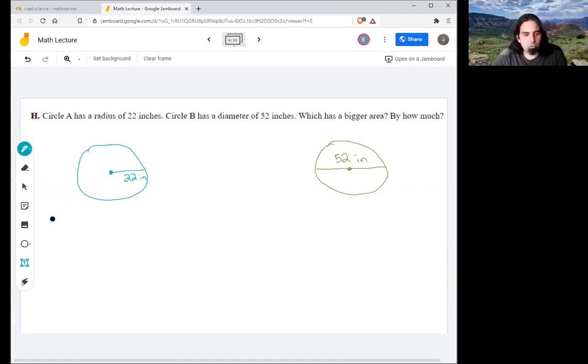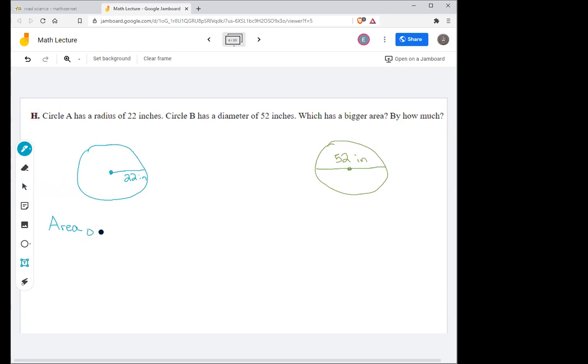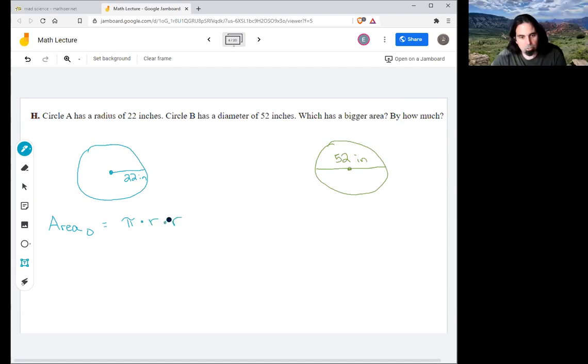Okay. Anyone happen to remember the area of a circle formula? You don't have to remember it, but I believe it's pi times R squared, or R times R. Yep, R times R, which you would say R squared. So pi times R squared.